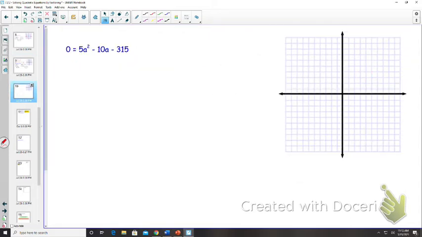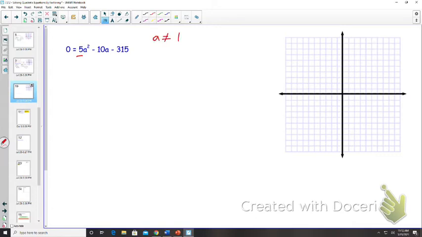Okay. Here's our next one. 0 is equal to 5a squared minus 10a minus 315. So, what does our a value equal? 5a squared, so 5, right? So a does not equal 1.